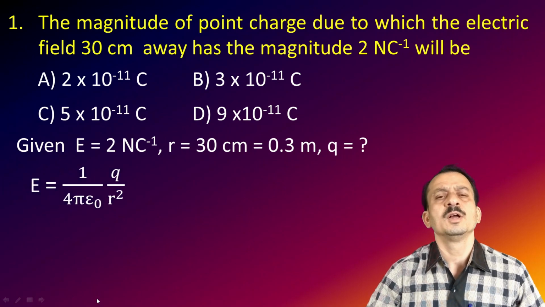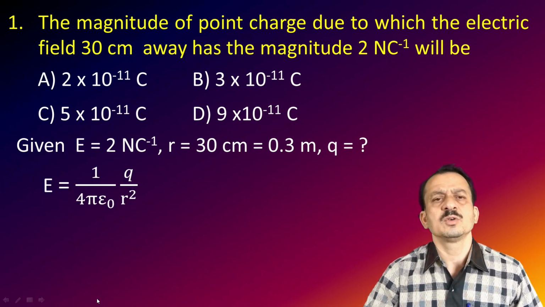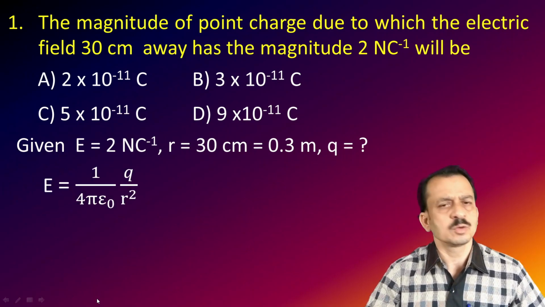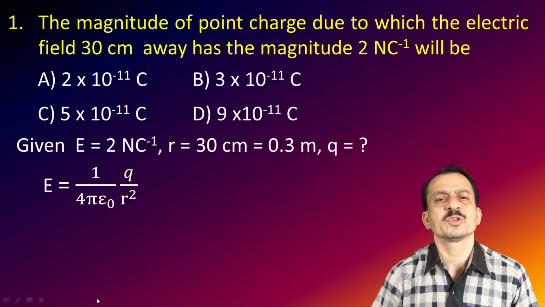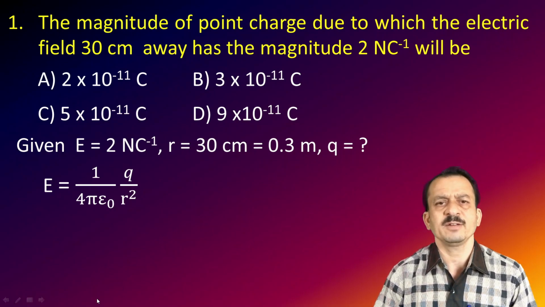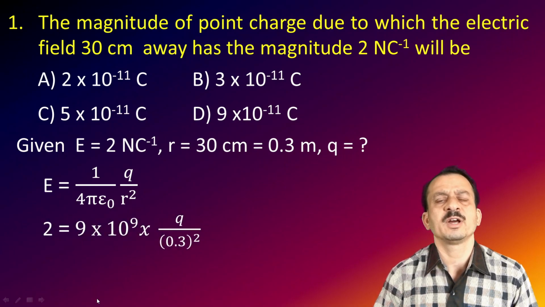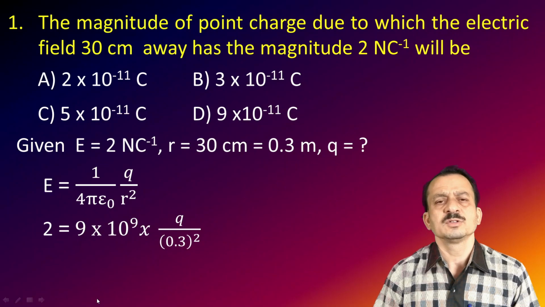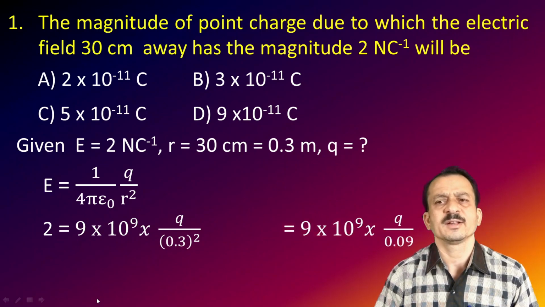Okay. So electric field E is equal to 1 divided by 4 pi epsilon naught into Q by R square. So that is the formula we have. We know the value of E, that is 2, and 1 divided by 4 pi epsilon naught is 9 into 10 to the power of 9. Substituting the values, R is 0.3 square. Now 0.3 square is 0.09.